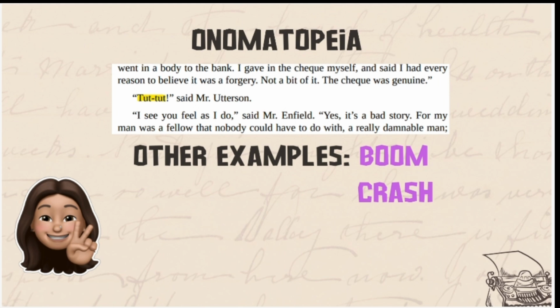It shows that the character might be upset, but is also trying to maintain a level of decorum. Other examples can be boom, which is a loud, deep sound like an explosion or thunder, and crash, which is the sound of something breaking or falling.